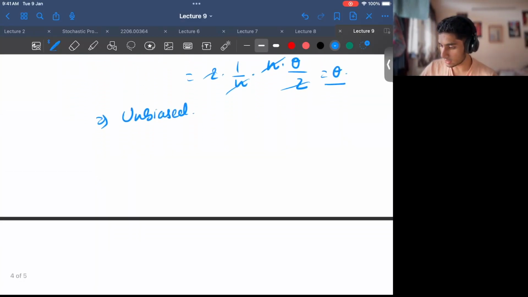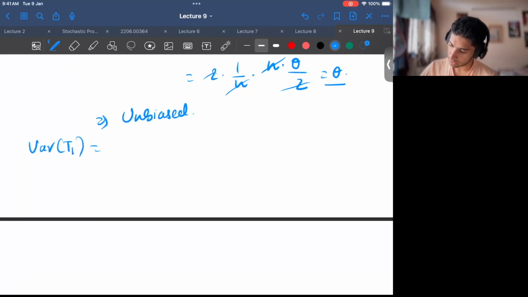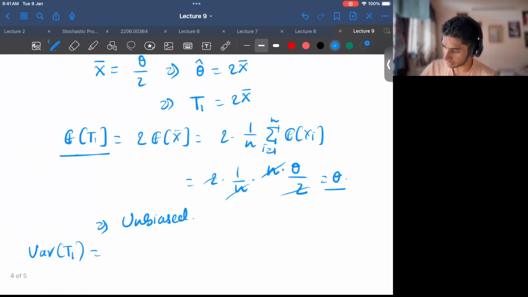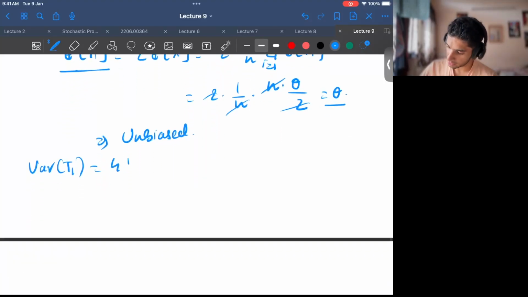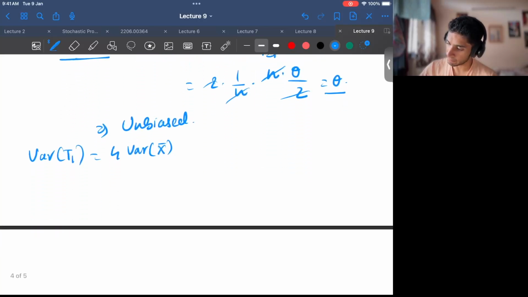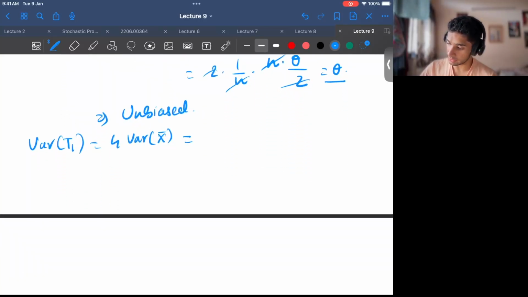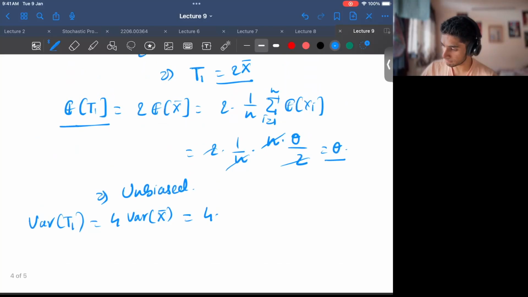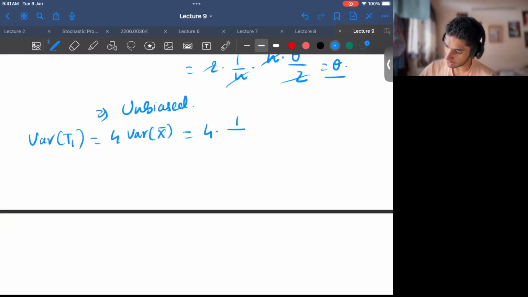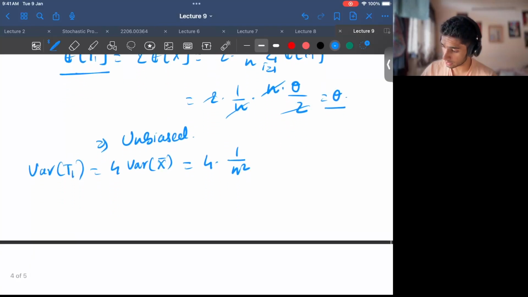What about consistency? Let's look at the variance of T1. Variance of T1 will be 4 times variance of x bar. The variance of x bar will be 1 by n square into the summation of variance of xi, i equal to 1 to n.